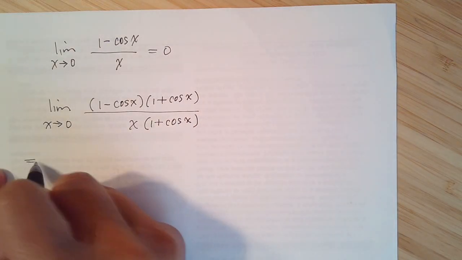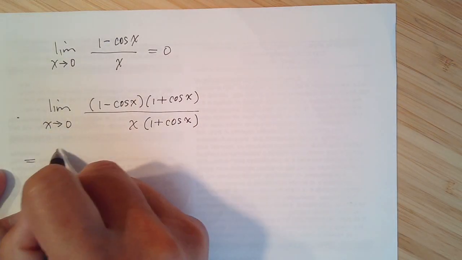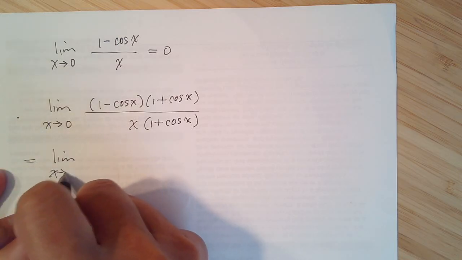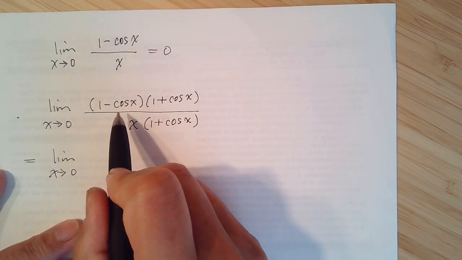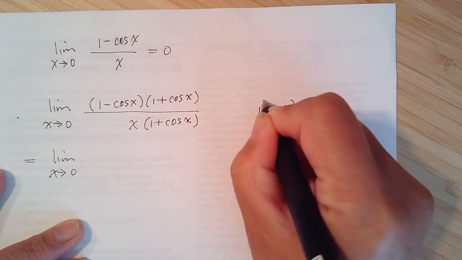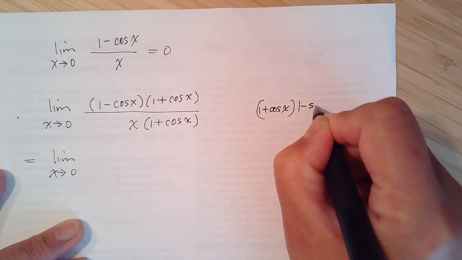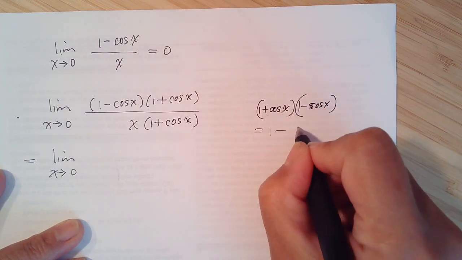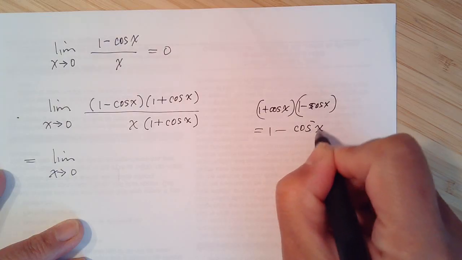Okay? And then that equals the limit as x approaches 0 of 1 plus cosine x times 1 minus cosine x, that will be 1 minus cosine squared x.